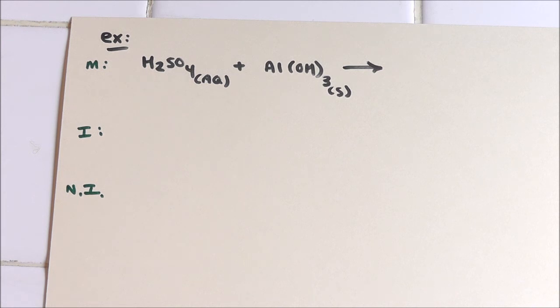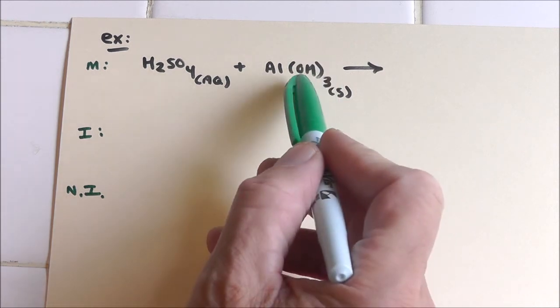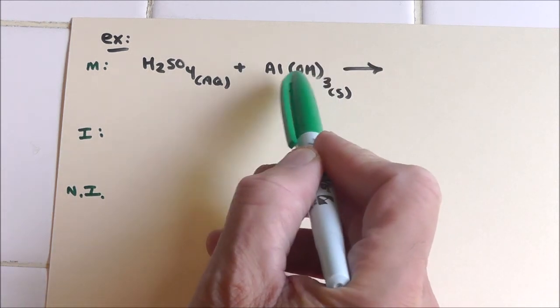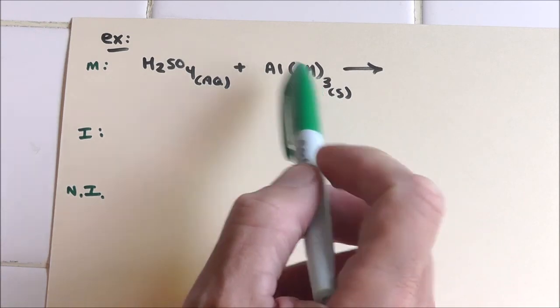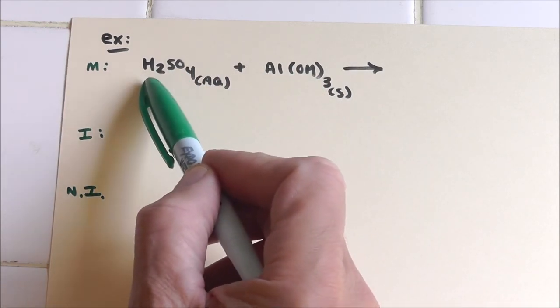But do you see where we can't have 2 H+ and 3 OH-? That can't happen. So this is where we start slinging coefficients, and you have to say, well, I need an equal number of H+ and OH-. There are 3 OH- on it, and the acid would produce 2 H+.